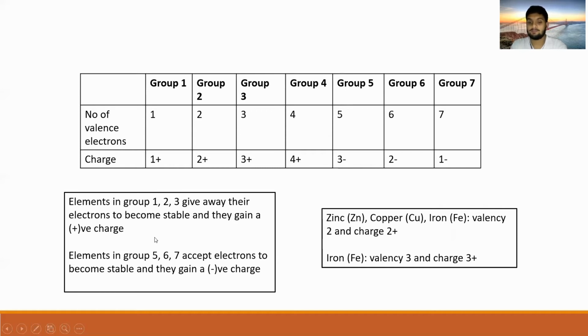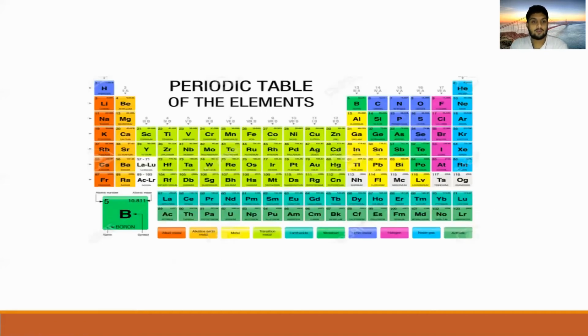Not a big fuss. 20 elements means you have to learn up to calcium. If you start from here, you need to know this row, this period, argon, potassium, and calcium. So until calcium you need to know. Then you need to know about iron, copper, and zinc. That's it. Nothing more than that will be questioned in your exams.